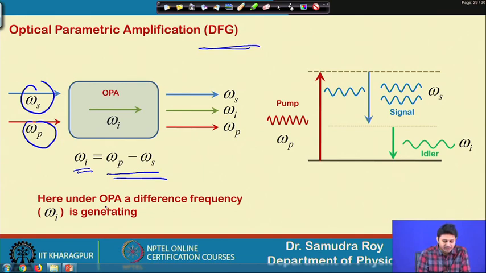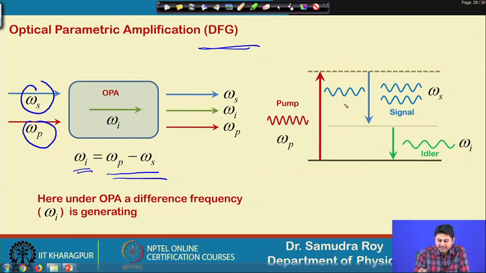Under optical parametric amplification, as I mentioned, omega I is generated. That means the field that is generated is the difference frequency field. In this energy diagram, things are clearer. I am launching one pump, omega p.